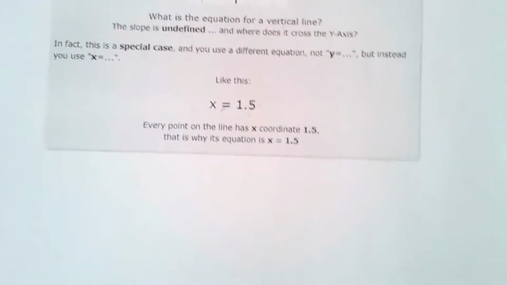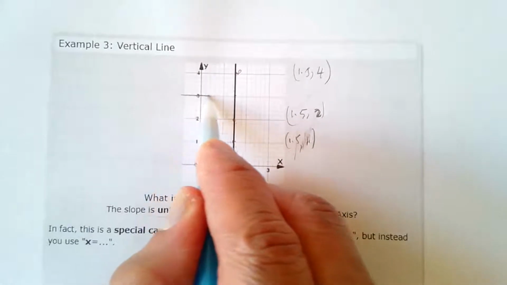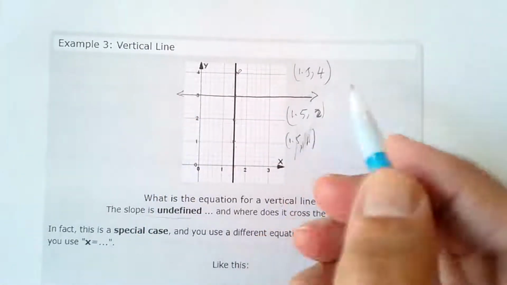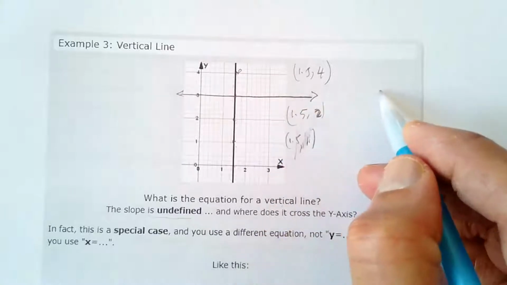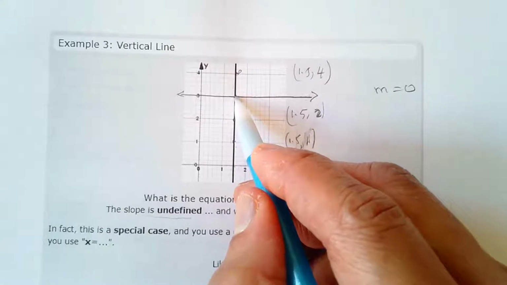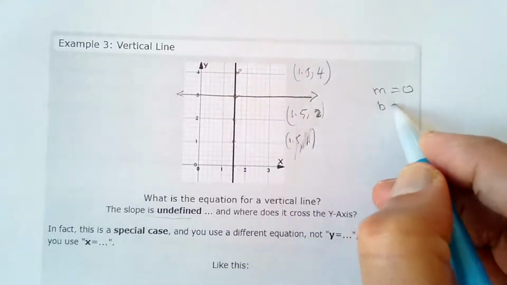On the other hand, if you have a horizontal line, this is my line here, my slope here is 0, so m is equal to 0. What's my y-intercept? My y-intercept here is 3, so b is equal to 3.